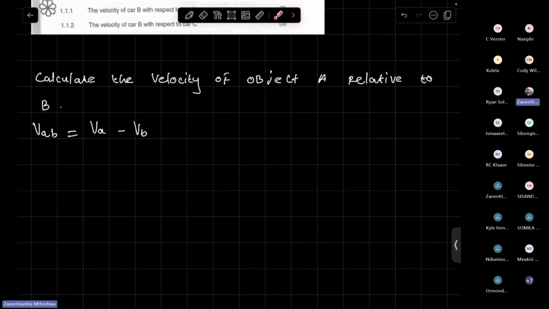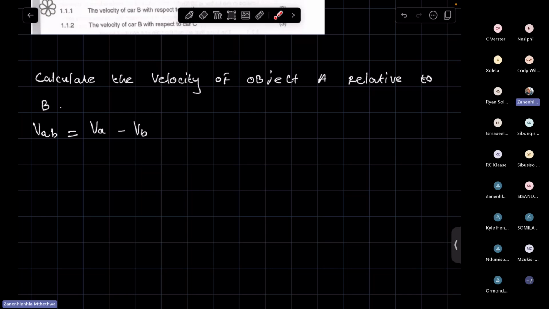We are going to cover relative velocity for non-parallel objects, objects that are not necessarily parallel to each other. We look at them relative to the Cartesian plane. So that is what we are going to look at. Are we clear?